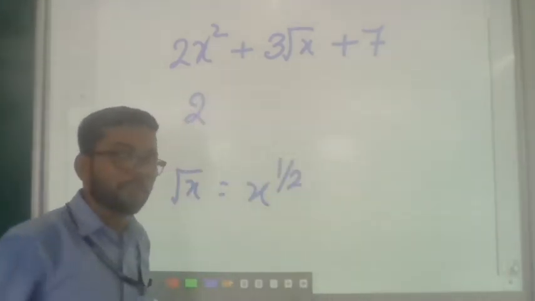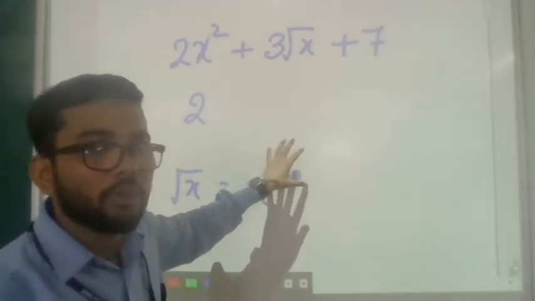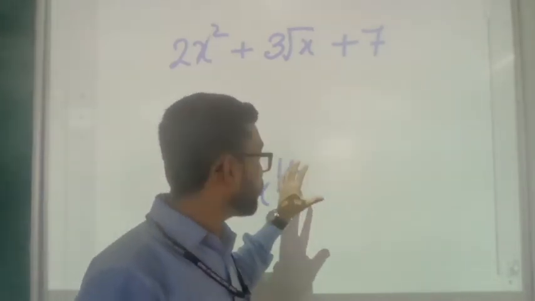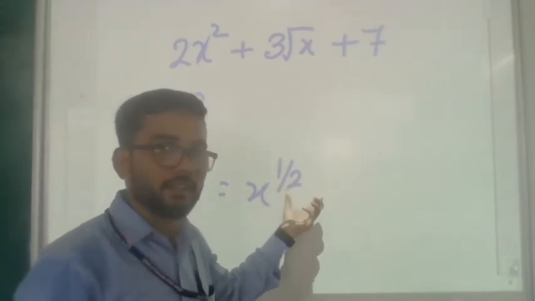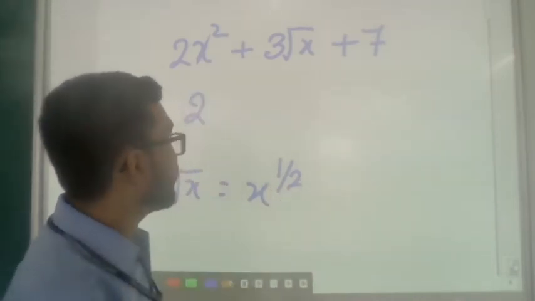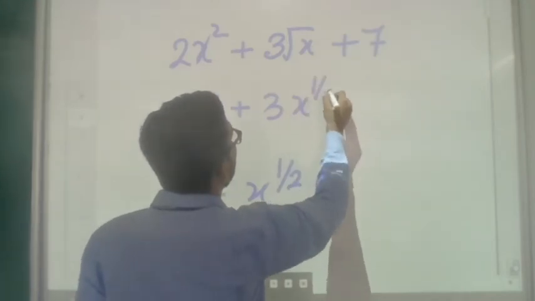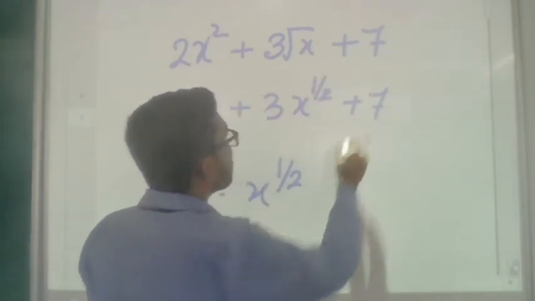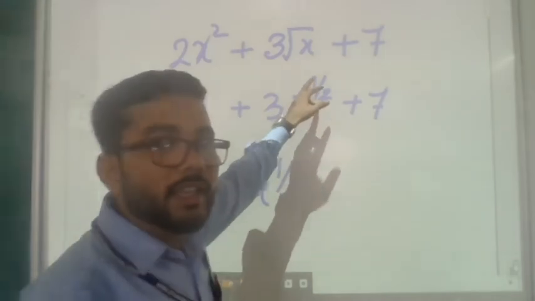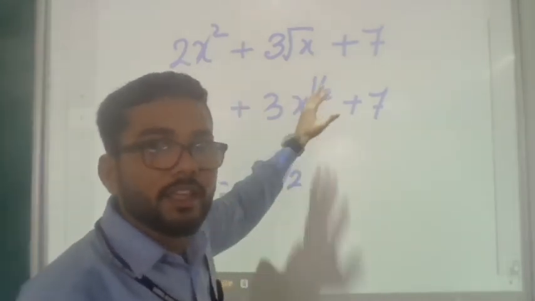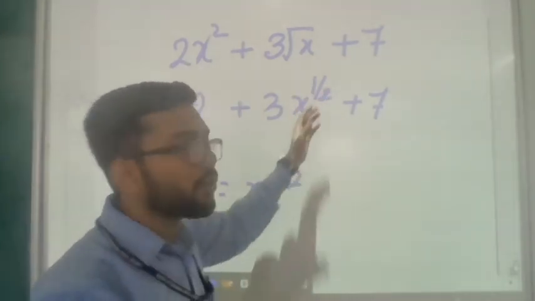And 1 by 2 is not a whole number. It is not an integer. It is a fraction. So here it is 3x to the power 1 by 2 plus 7. The power of this variable is a fraction, not an integer or a whole number.